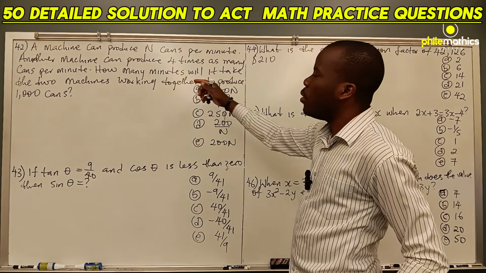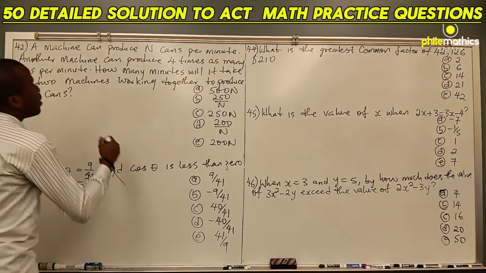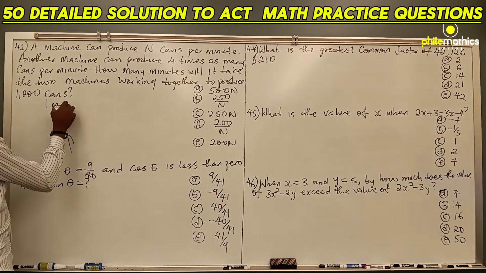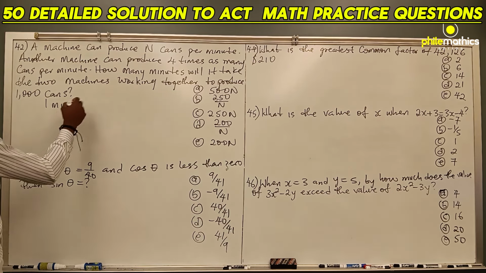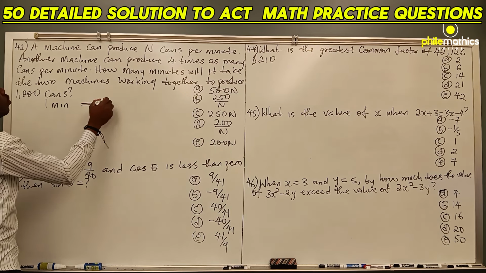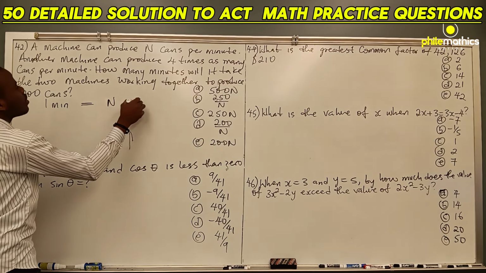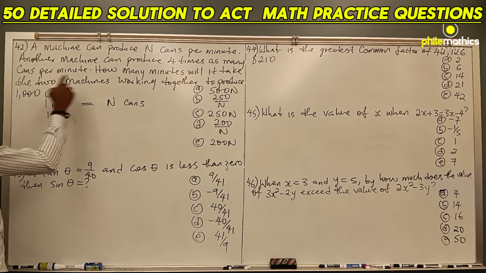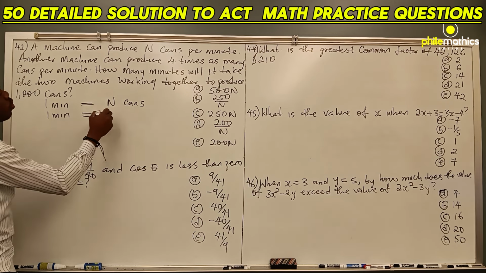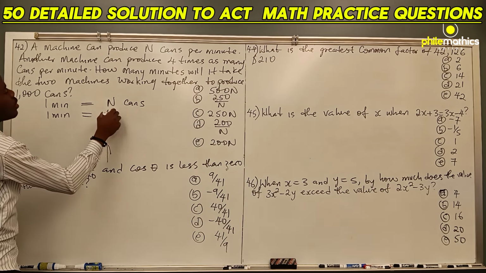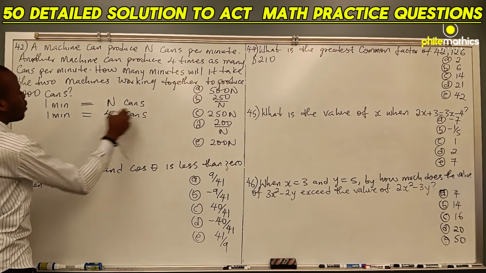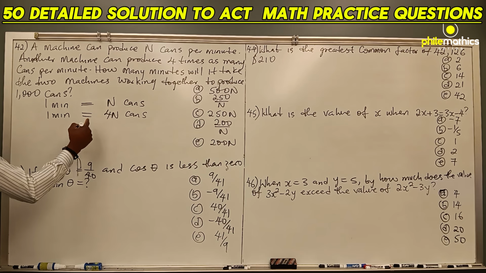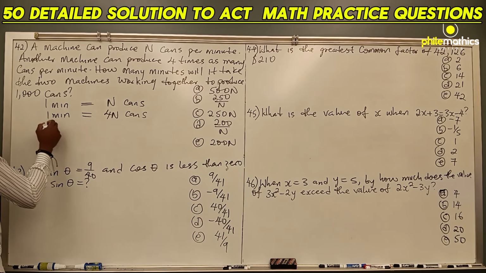Since we're looking for the number of minutes, I like starting by saying, in 1 minute, the first machine produces n cans. In 1 minute, the second machine produces 4 times n cans. In 1 minute, how many cans will both of them working together produce?